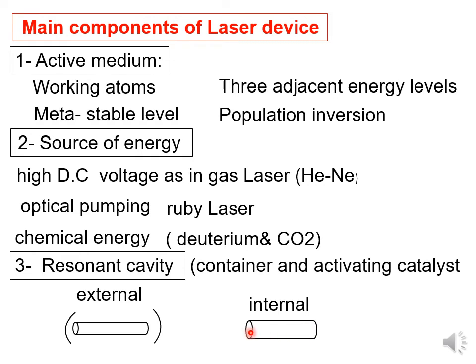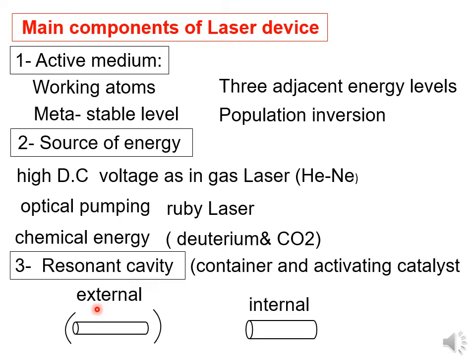One of them is 100% reflecting and the other is 99% reflecting. This is the resonant cavity container, and the activating catalyst, which are 2 parallel mirrors, perpendicular to the container.